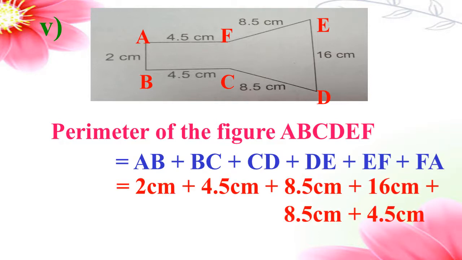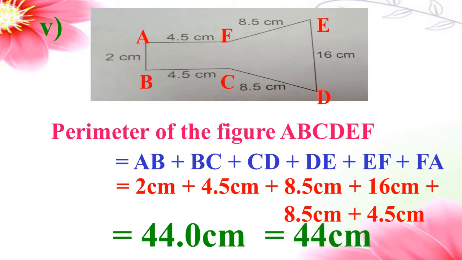That is 2 centimeter plus 4.5 centimeter plus 8.5 centimeter plus 16 centimeter plus 8.5 centimeter plus 4.5 centimeter equal to 44.0 centimeter. So we can write 44 centimeter. Therefore, perimeter of the figure ABCDEF equal to 44 centimeter.